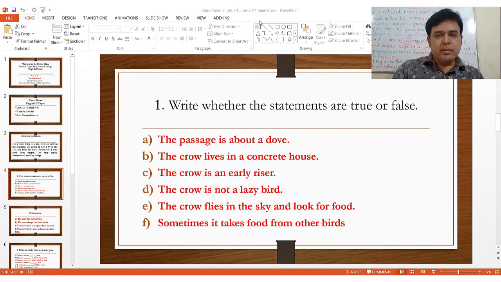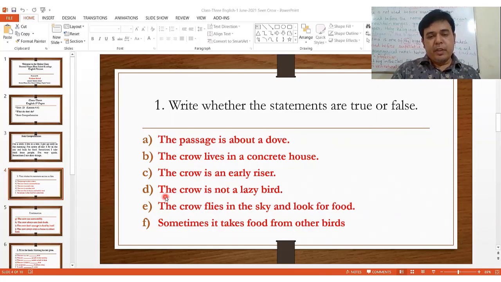What is it saying? So number C, the crow is an early riser. That is true, because in the first portion of the scene comprehension, we find that the crow is an early riser.